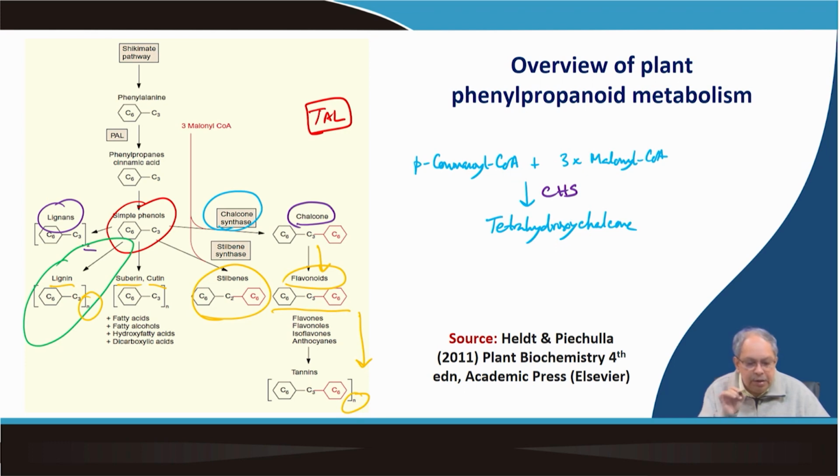So, you see here the C6C3 is the backbone, and from there different addition or substitution or chain shortening leads to the formation of different compounds. Chain shortening is C6C1.